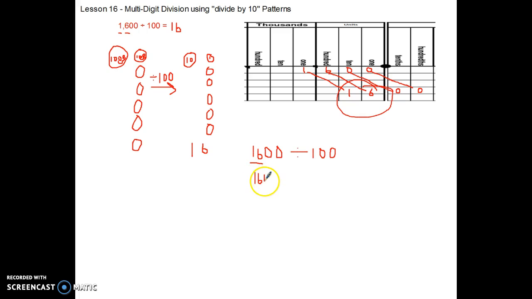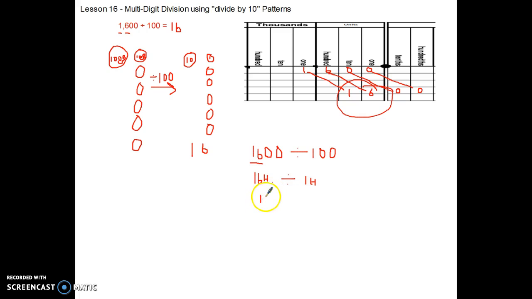And I'm just going to label this hundreds with an H. And it would be divided by 100. With an H.